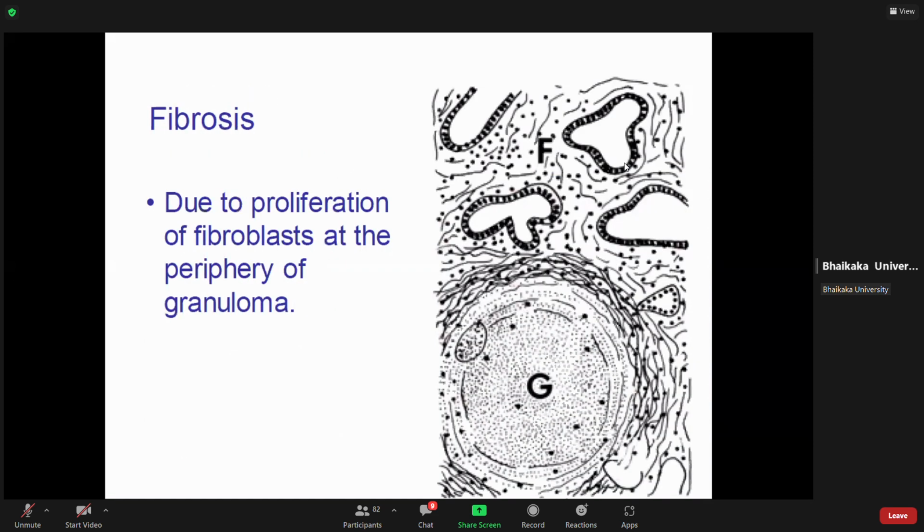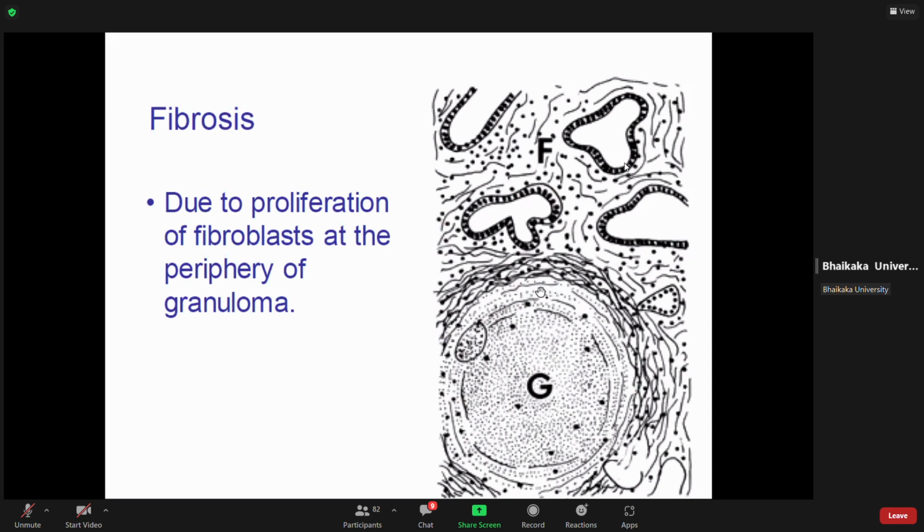Next, the last component of granuloma is fibrosis. So here you can see this one, G, is granuloma, and fibrosis is the colored thread-like structure.